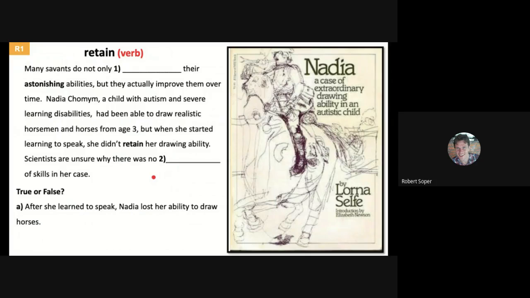Okay, let's go through the answers. So many savants do not only retain their astonishing abilities.